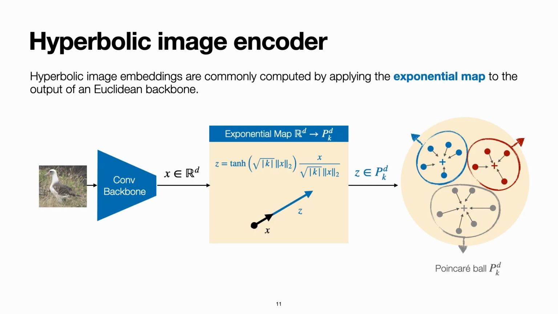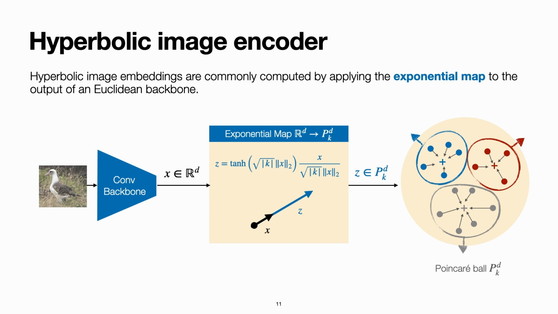So now, if we have an image encoder, one of the most common ways to obtain hyperbolic embeddings is through an exponential map. So the output of a convolutional backbone is interpreted as being Euclidean embeddings lying at the tangent space at the origin of the manifold, and the exponential map projects these tangent vectors back to the manifold itself.